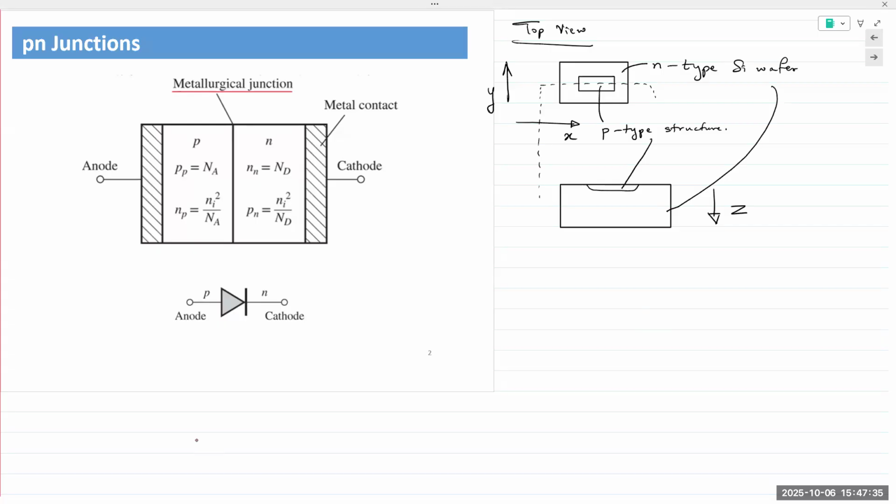Now, in order to make contacts, we implant aluminum or any other kind of metal to make contacts. So that again could be in a small area. And so these would be small metal contacts.